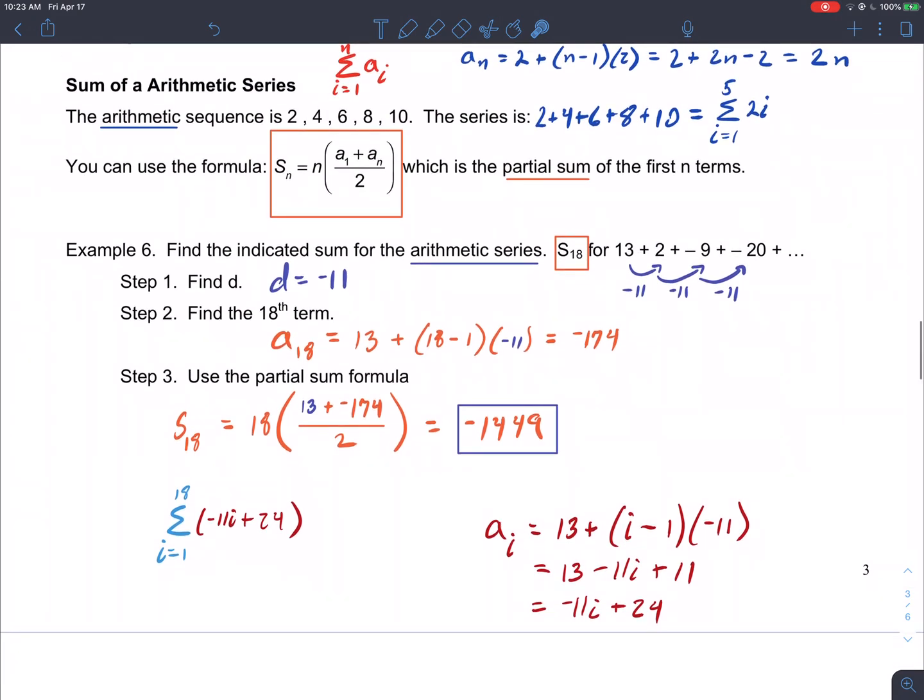You would press math, and then you would go down to summation, which is actually option 0. I'm going to use the arrow down, and then you go to option 0 for summation.